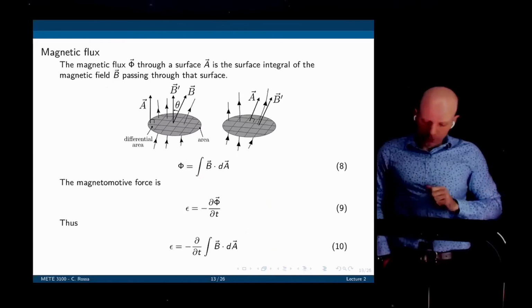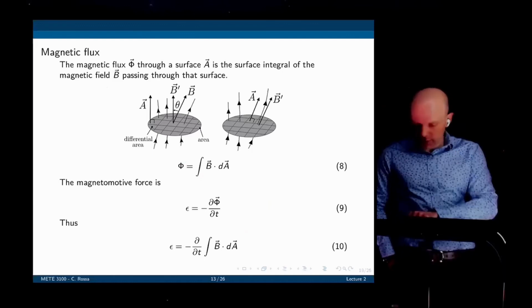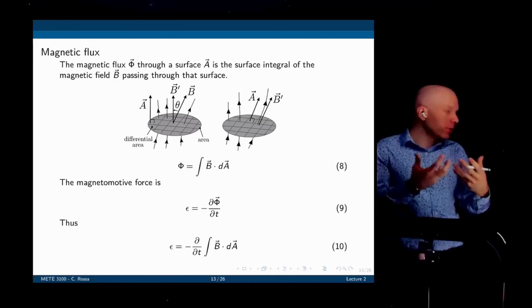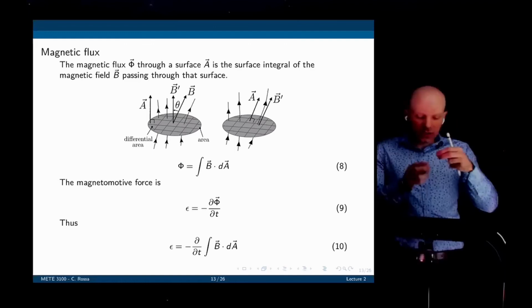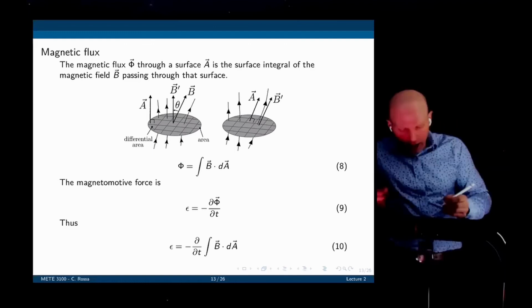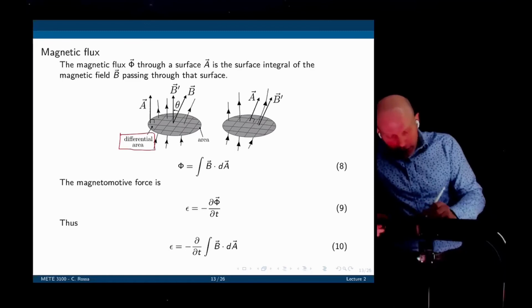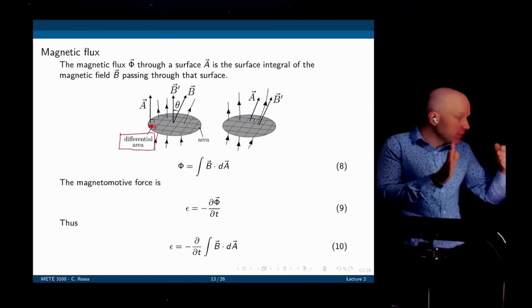Let me rephrase that. Instead of saying a constant area, an area that is defined easily. Let's say your area has a complex shape, you would need to integrate the area in small portions. So let's say this area here, you would need to take this differential area, look at B through that differential area, and do that through all small differential areas until we get the entire integral.